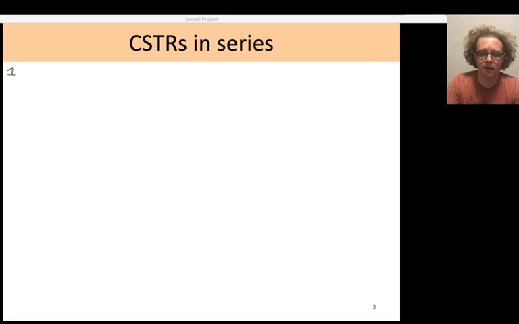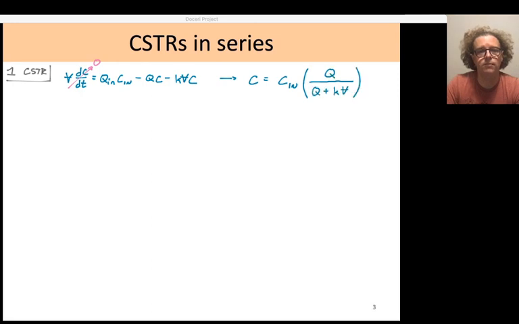So to tackle that, let's start with our mass balance for a single CSTR. In this case, our accumulation rate is equal to the load, Q in, C in, minus the outflows, minus removals by that reactivity. And we're going to solve this as a steady state problem, so we can zero out the left-hand side. And through algebra, we can rearrange to get this equation in the top right of the slide. The outflowing concentration C is equal to the inflowing concentration C in, multiplied by the quantity Q divided by Q plus KV.